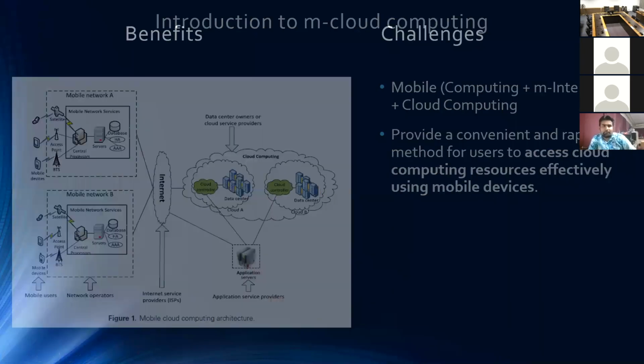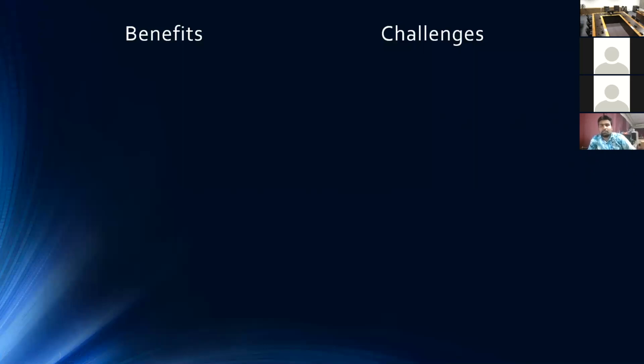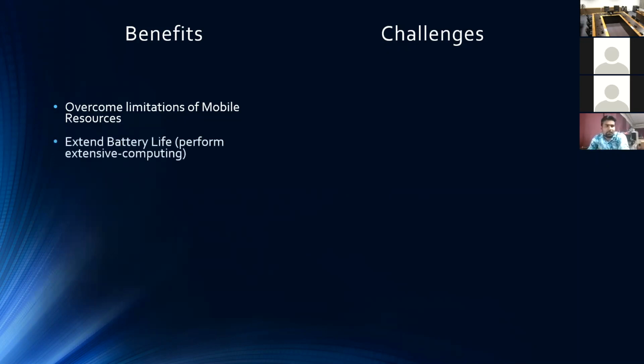The next slide is the benefits and the challenges. First, the benefits. It overcomes the limitations of mobile resources, for apps, gaming, mobile learning, etc. All these applications shift over to the cloud engine, so your mobile is doing less work. It also extends your battery life because the extensive computing is shifted to the cloud.